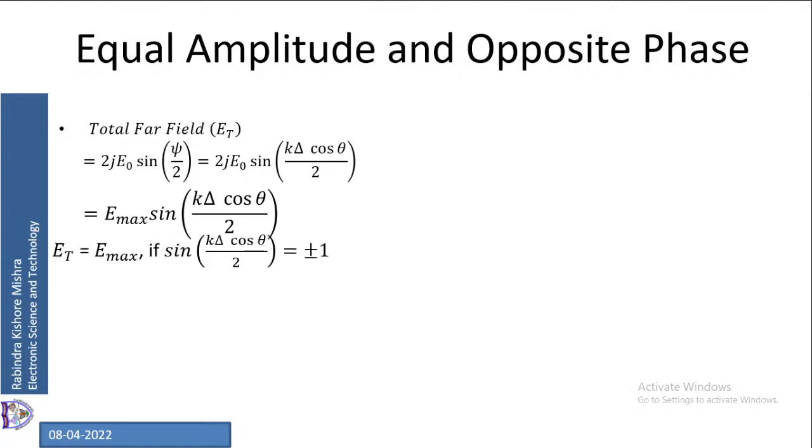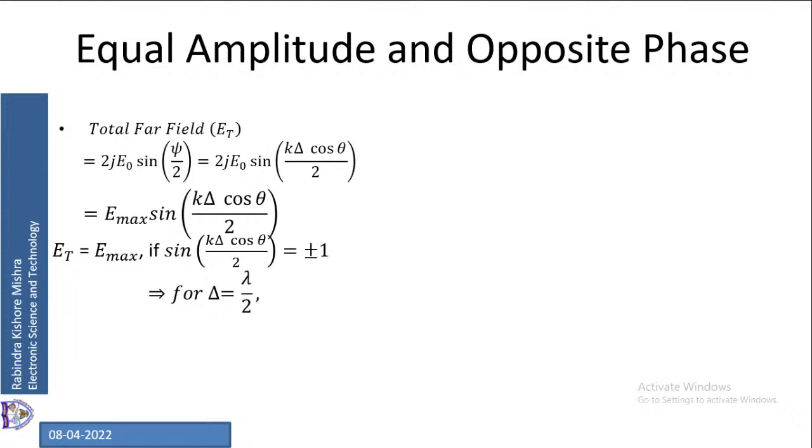So ET will be E max when sin k delta cos theta by 2 is equal to plus minus 1, under which condition we will consider the separation between the two sources to be lambda by 2, or half wavelength separation. Then for delta equal to lambda by 2, k delta is equal to 2 pi by lambda into lambda by 2, that is pi.